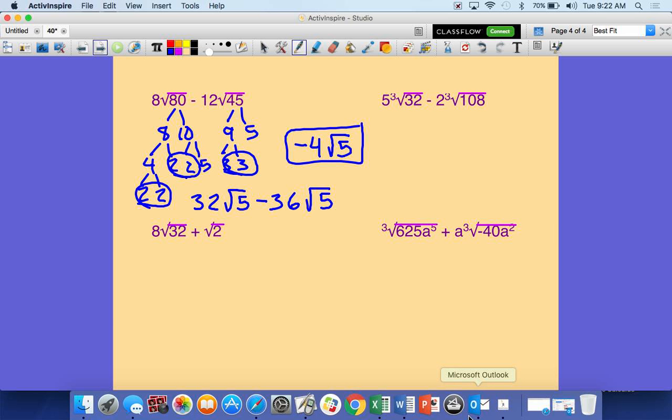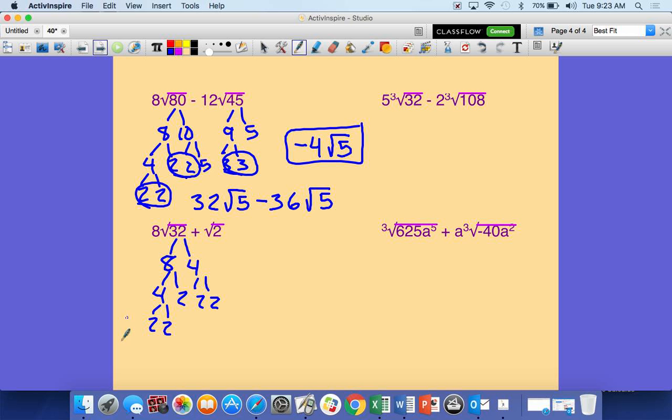Okay, come down to 8 square roots of 32 plus square root of 2. Okay, right now they're not the same, but they might be. So we've got to go, let's see, 8 and 4, 4 and 2, 2 and 2, 4 is 2 and 2.